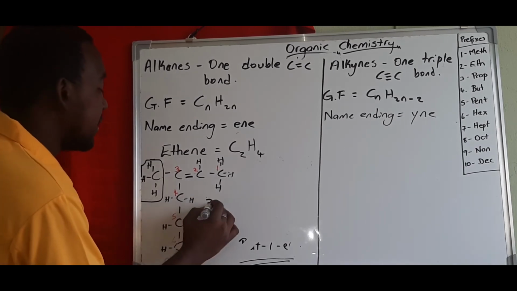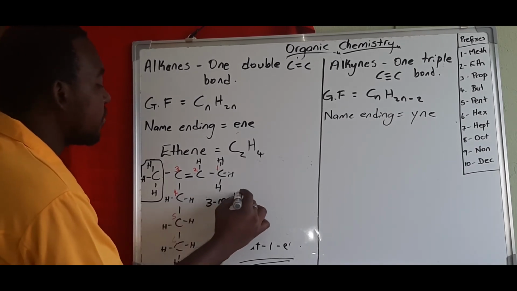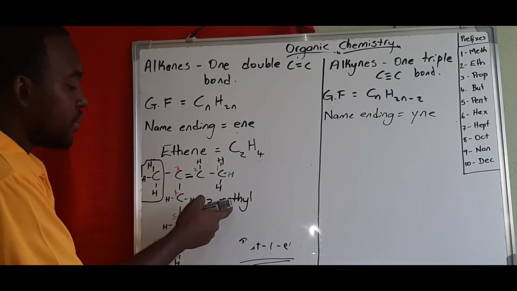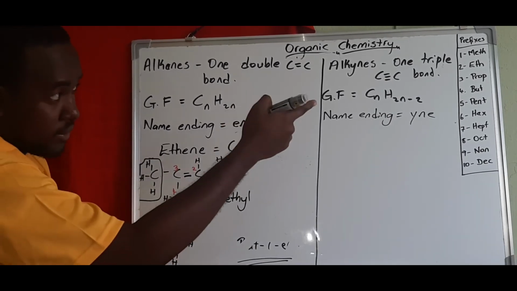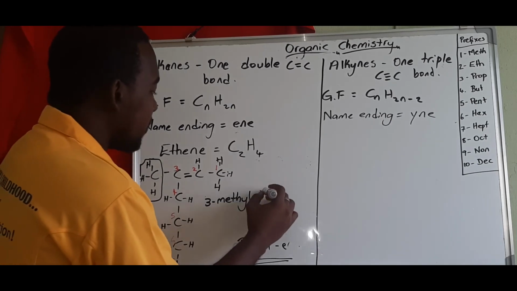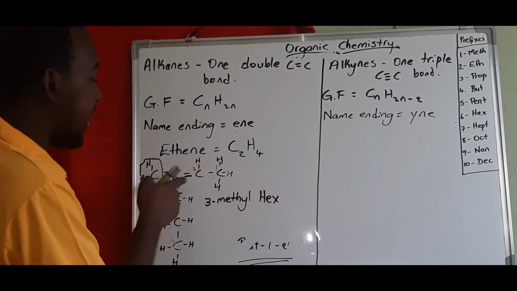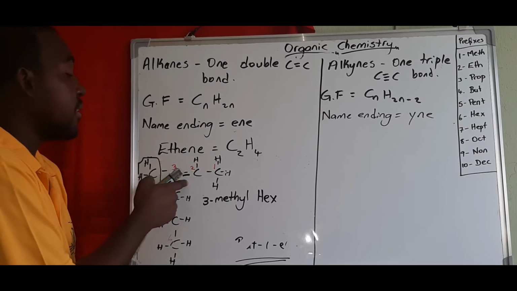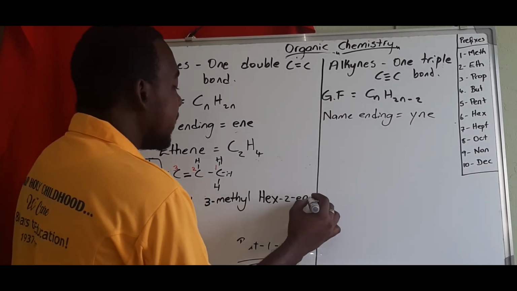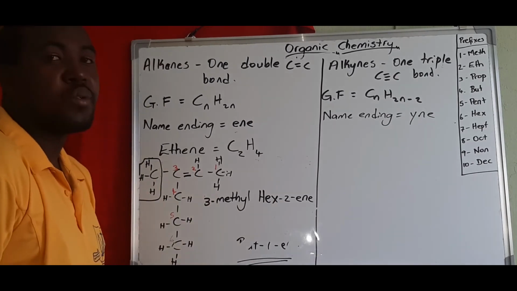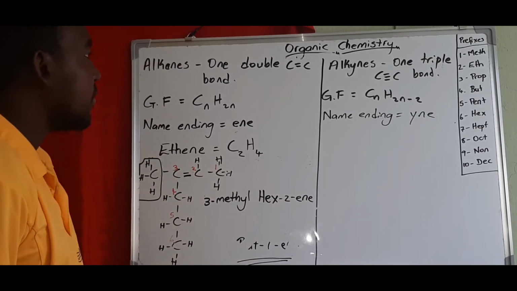So we start by saying 3-methyl, showing the branch is methyl on the third carbon. Then we have 6, which is hex, and we state where the double bond is, on the second one: hex-2-ene. And that's how we name our alkene.